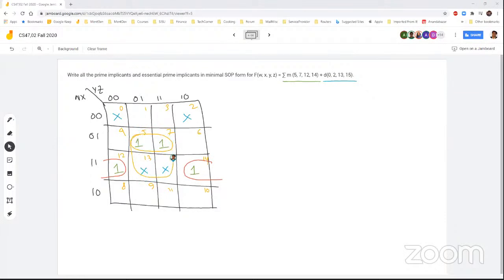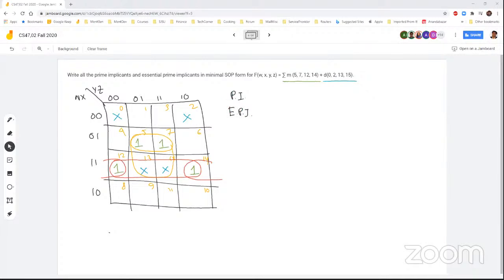Similarly, using the same set of X, I can make a bigger group like this. We can increase this group of 12, 14 to include 13, 15 and make a big group. That means essentially my prime implicant, and in this case it's the same as the essential prime implicant. I don't see any other choices.